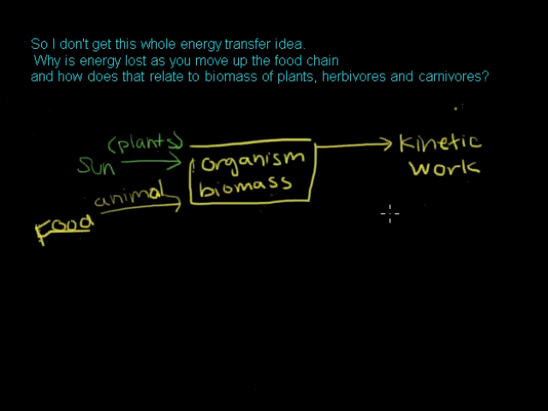Some plants actually do have some movement, but they do use energy for work on a cellular level as well. And also, we mentioned that we lose energy to the environment in the form of heat. So these energy outputs that organisms are using or losing to the environment are not stored in its biomass.